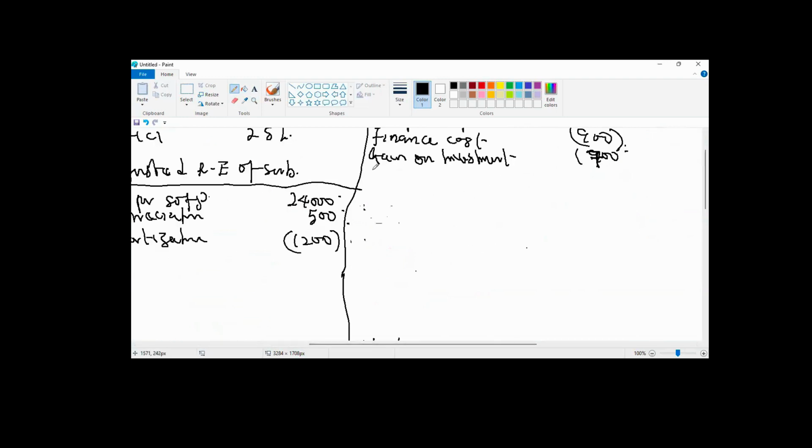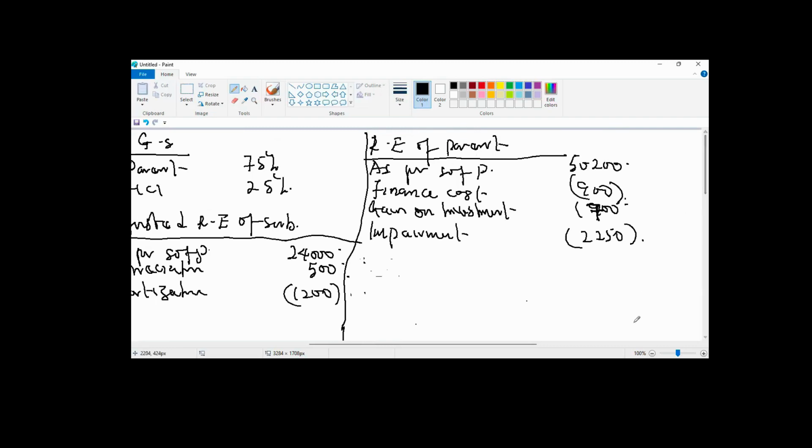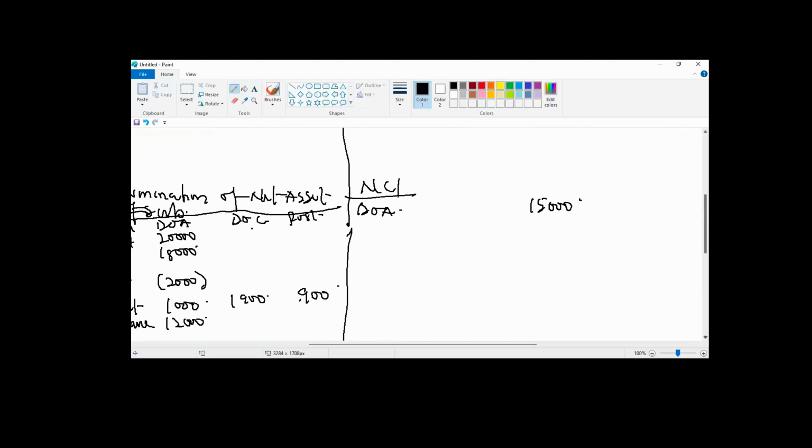Impairments, 2,250, debit. NCI impairments, 750.